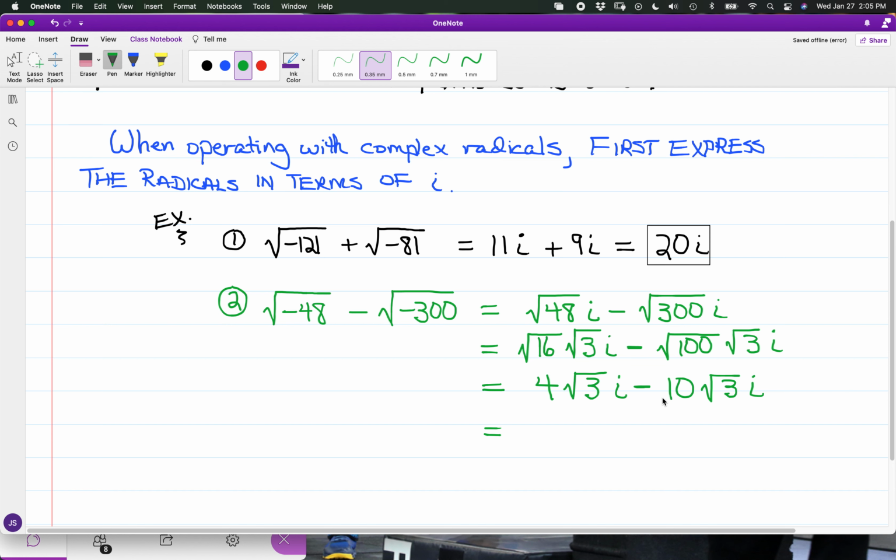Looking at the leading coefficients, 4 and negative 10, if we take the difference, we're going to have negative 6 times the square root of 3 times i. You could also write this as negative 6i times the square root of 3.